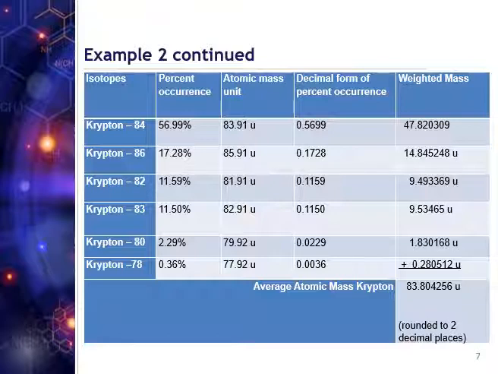Again, the laboratory balances go to 2 decimal points, so we're going to round it to 2 decimal points. Rounded to 2 decimal points, the average atomic mass of krypton with 6 naturally occurring isotopes is 83.80, which is very close to krypton 84 because most of the krypton in the world is krypton 84.